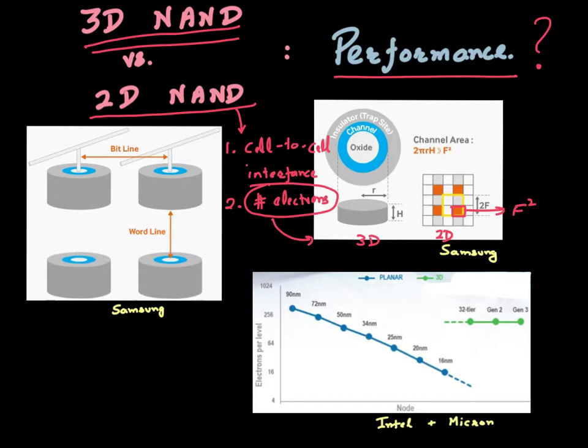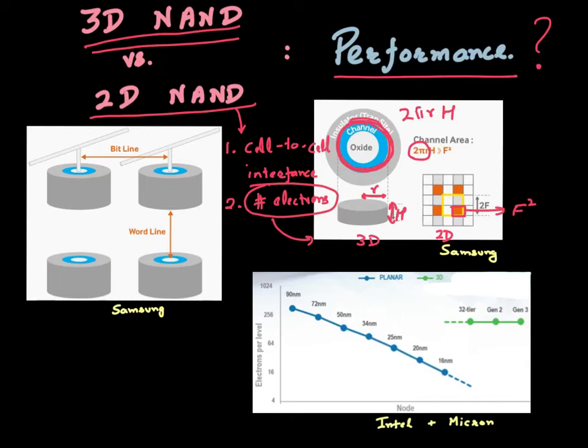If you think about a 3D NAND flash memory cell which has a channel radius of R and a height of H, you have the perimeter of the cylinder, which is 2 pi times R, multiplied by the height of this cell.